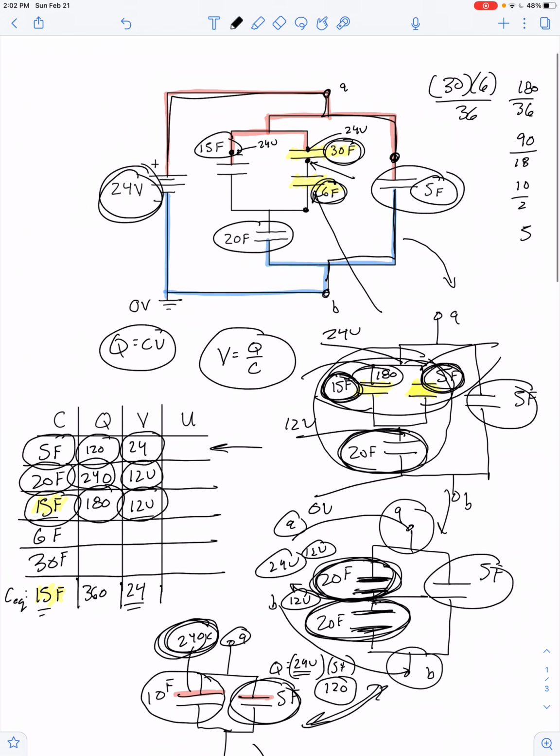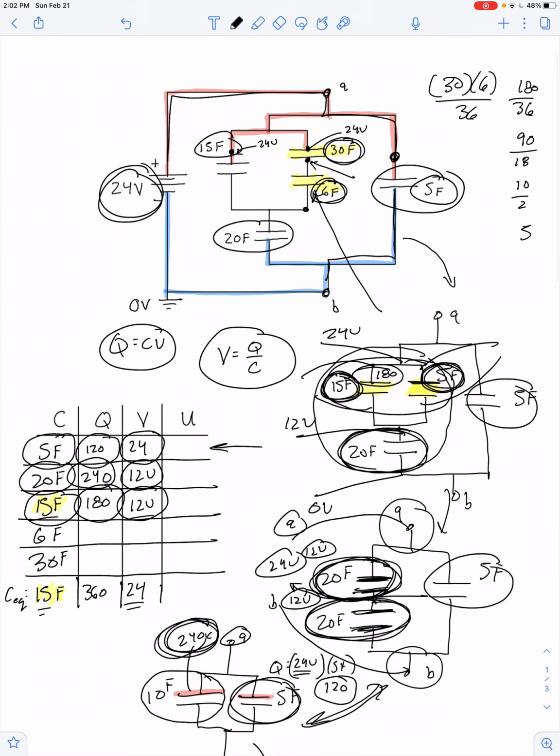So where's the other 60? Well, it's here, or it's here. But what are those plates? That's the positive plate of the 30 farad, and it's the same thing as the negative plate of the 6 farad, which means the other plates are charged by polarization.